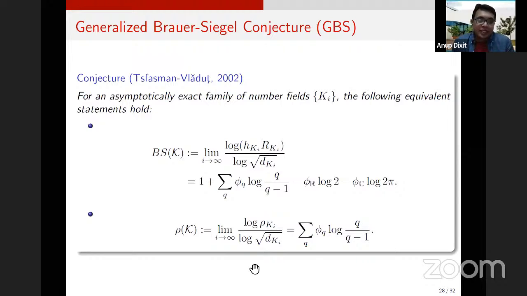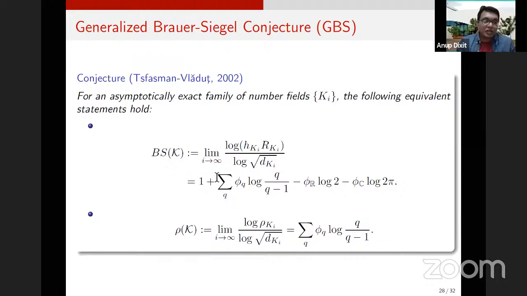So these asymptotically exact families were introduced by Tsfasman and Vlăduț, and it's a very beautiful paper. They talk about the generalized Brauer-Siegel conjecture in this setting, and they make the following conjecture. They say that the ratio that we were after, log of class number times the regulator divided by log root discriminant, can be exactly written down in terms of these invariants that we just described.